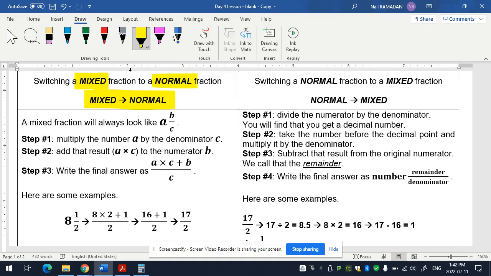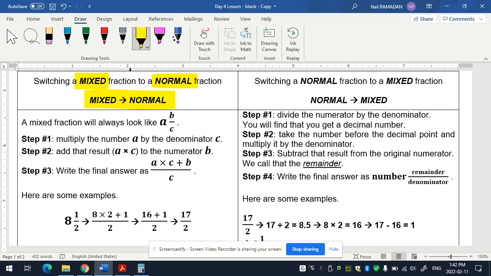Step number one, multiply the number A by the denominator C. Step number two, whatever you got when you multiplied, so the result, A times C, add that result to the number B. So you have to focus on those two first, then you combine them with the top one.